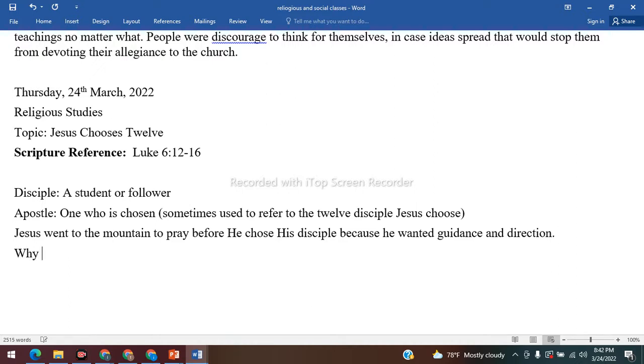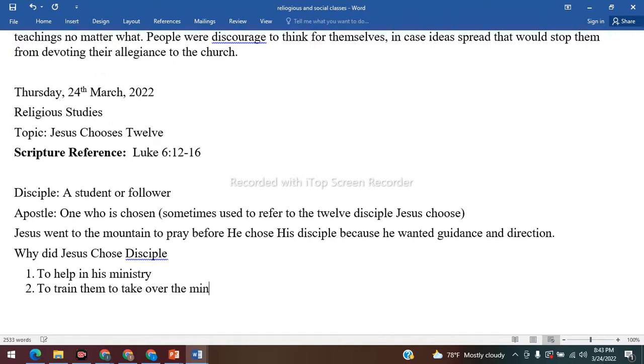So why did Jesus choose disciples? What's the point? To help him in his ministry. To train them to take over the ministry after his ascension.